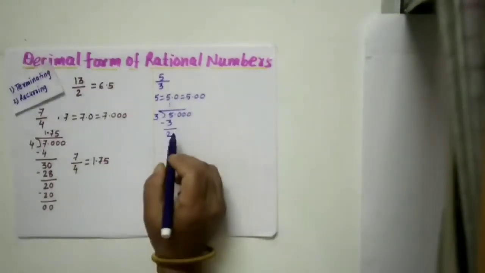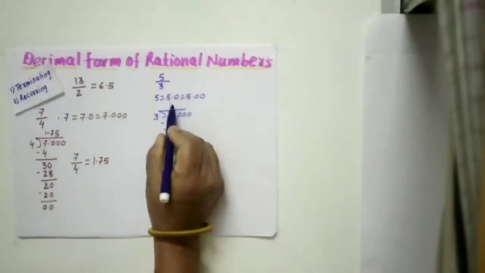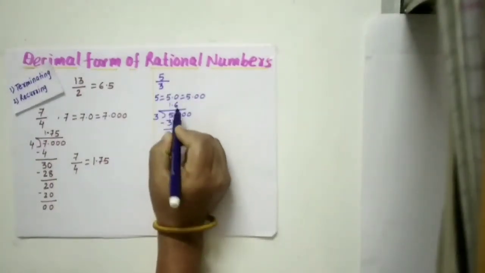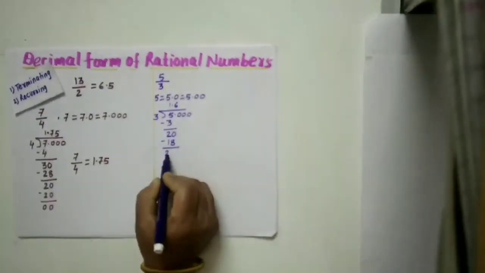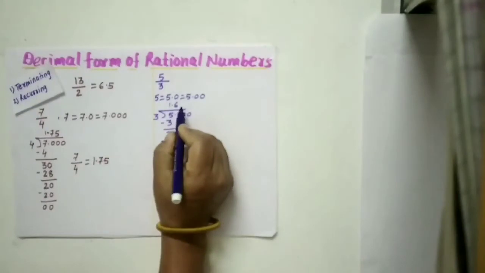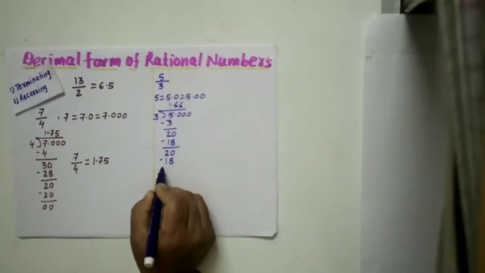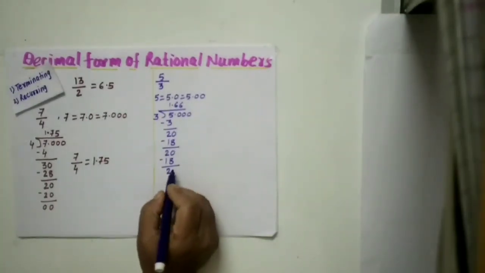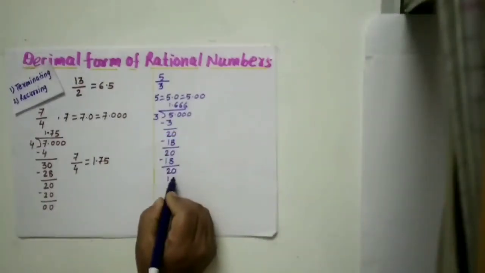Now take 0. Here the decimal point is there, so put the decimal point over here. Now 3 sixes are 18. 2 is remaining. Again take one more 0. 3 sixes are 18. Again 2 remaining. Again take 0. Again 3 sixes are 18.